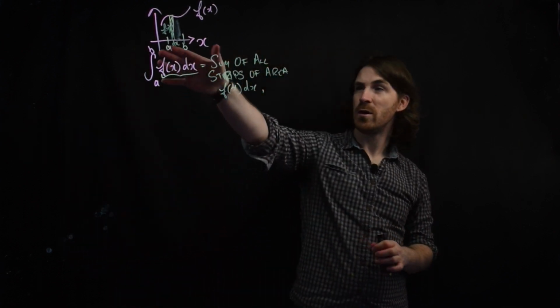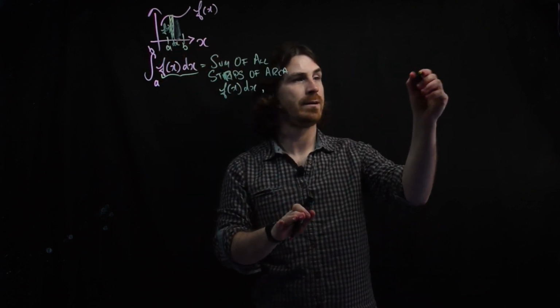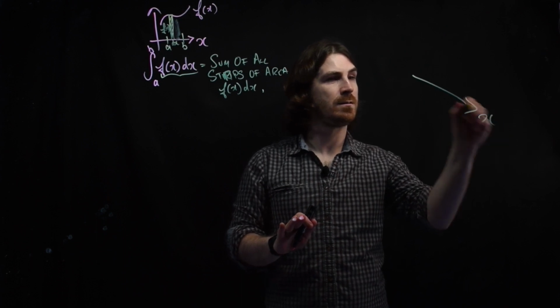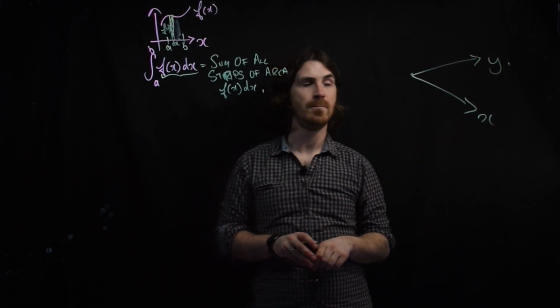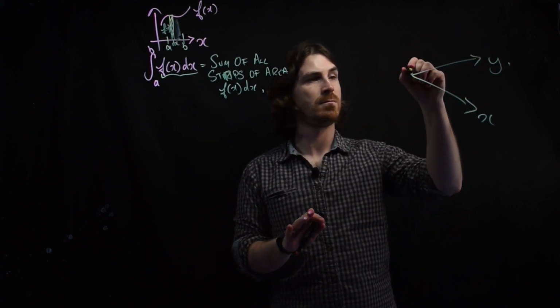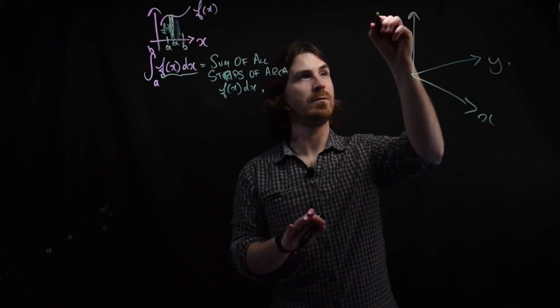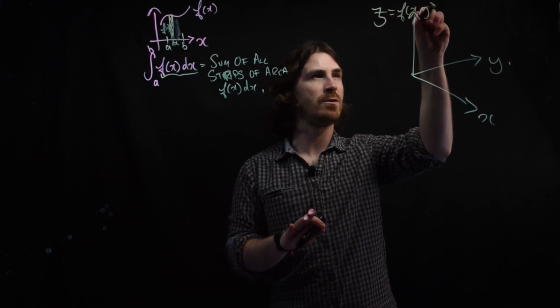Now we're going to extend into two dimensions, so not just x, but let's draw an x and a y-axis. You know that if you've got a function of x and y, this is a surface. So z equals a function of x and y.